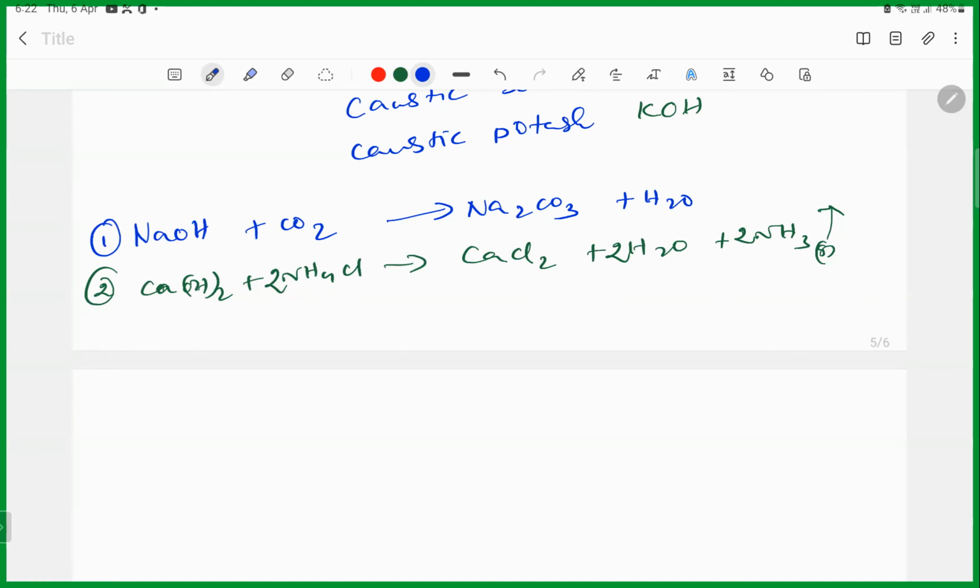And then the third reaction, action with acid. When sodium hydroxide reacts with phosphoric acid, it gives sodium phosphate plus water.